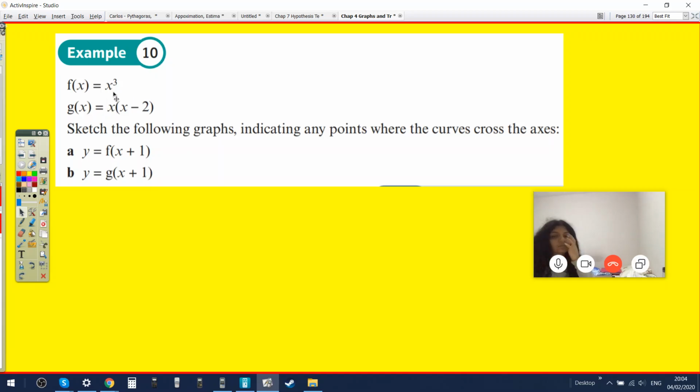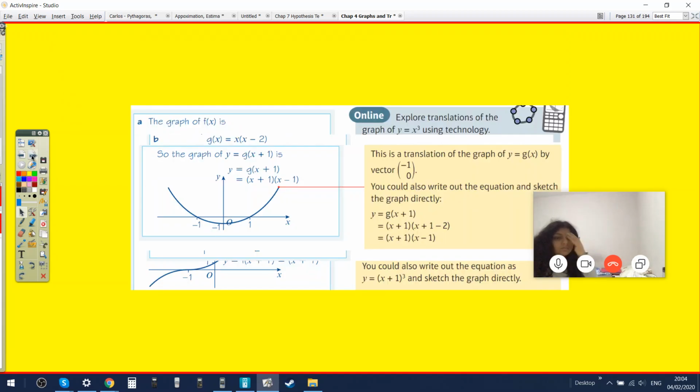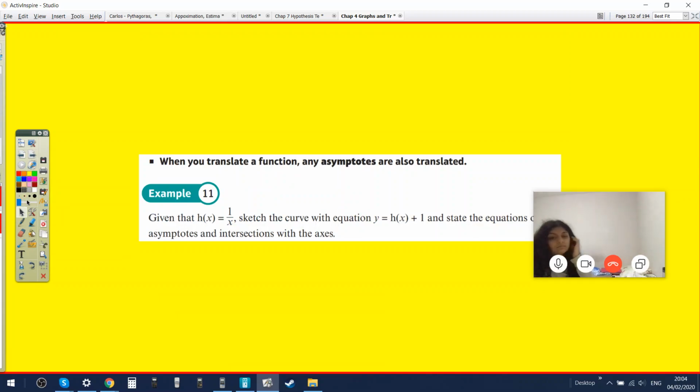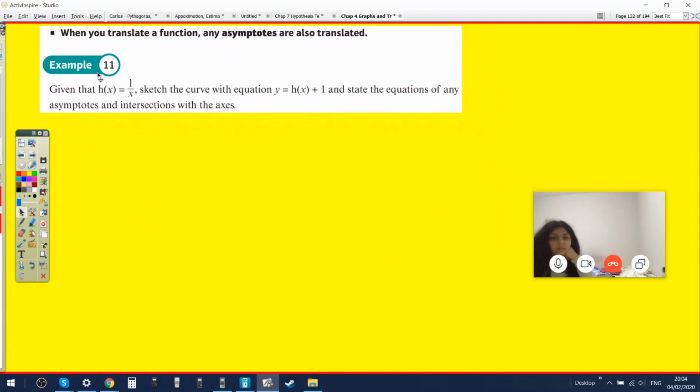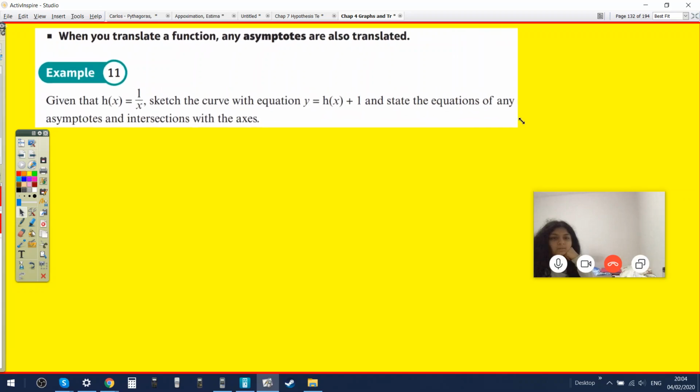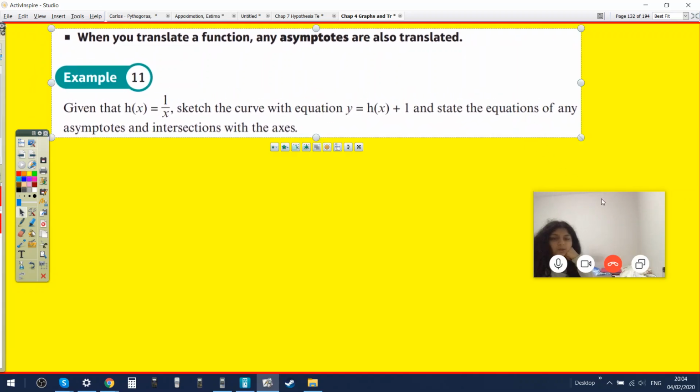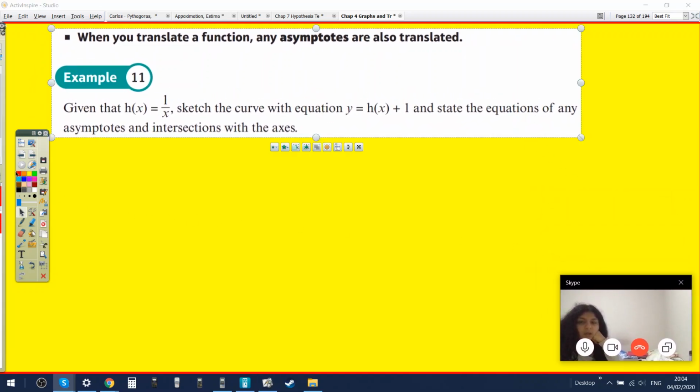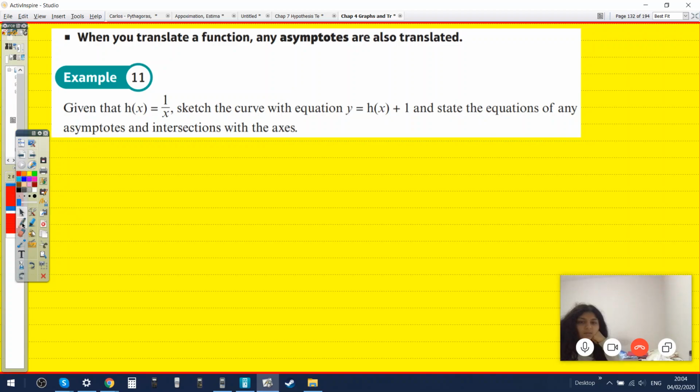Yeah, you would just sketch the first graph and then transform it. How would we do this one? Do you remember what the y equals 1 over x looks like?